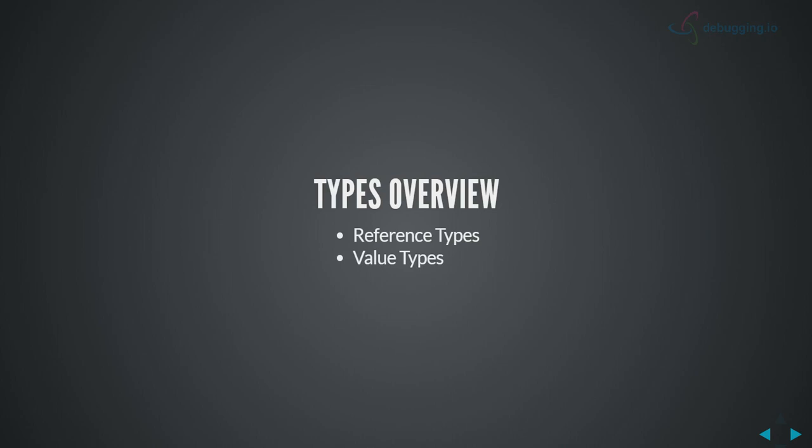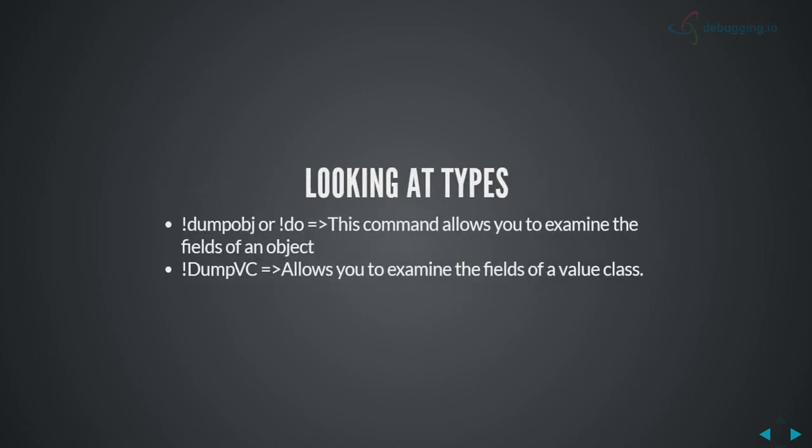The reference types are stored in the heap, and value types are stored in your stack. We found that we have threads, and the stack is allocated per thread, so value types are basically stored in the thread stack. We will see how using windbg we can inspect a type.